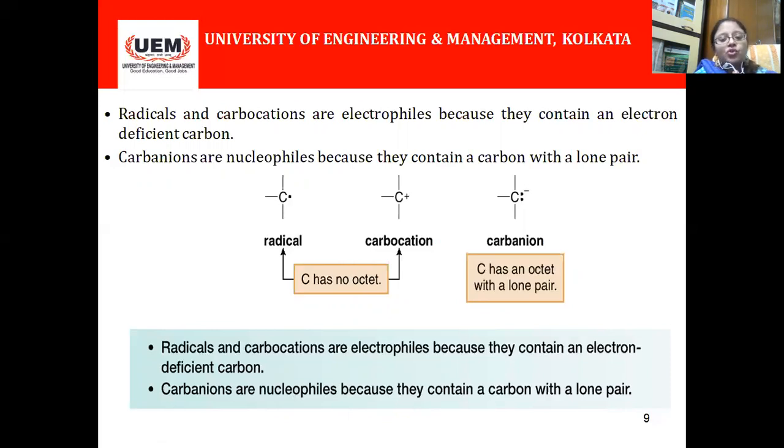So, they are electrophiles or electron-loving species. On the contrary, carbanion has an octet with a lone pair of electrons. So, it is very rich in electrons, and it is called a nucleophile or nucleus-loving species.